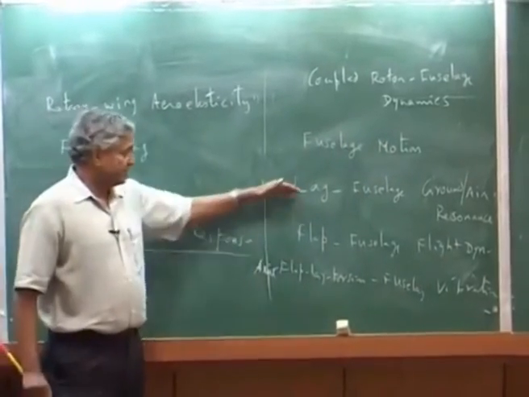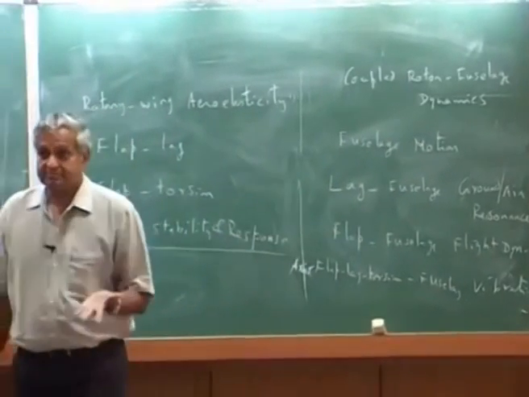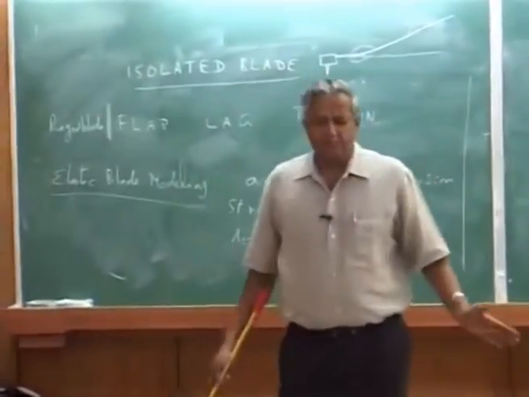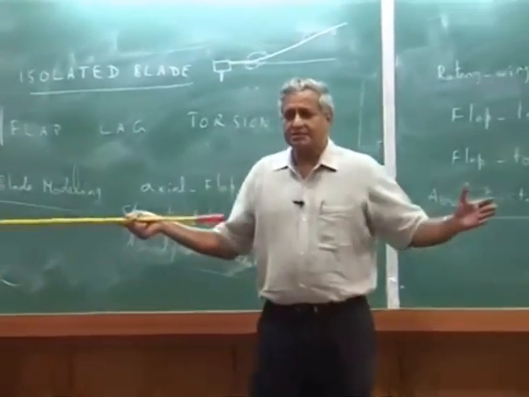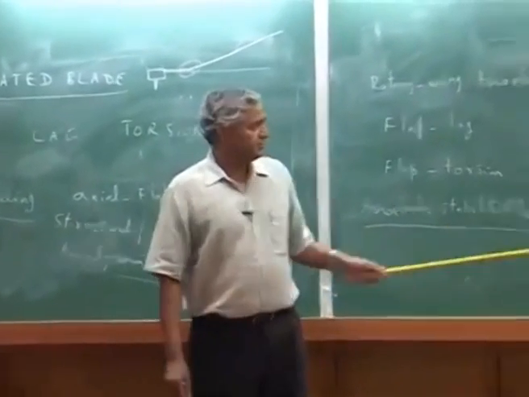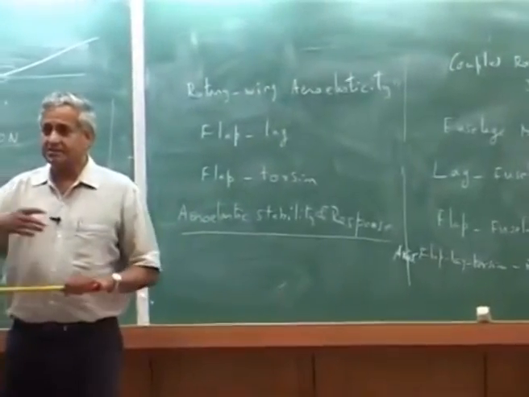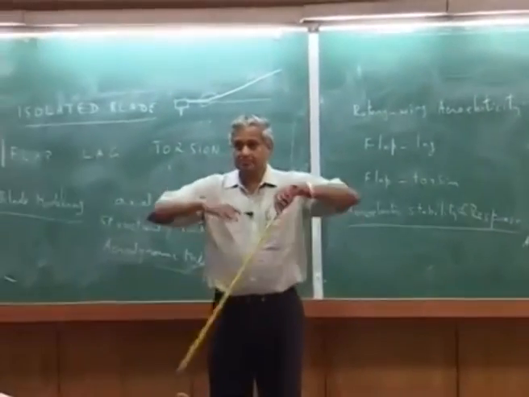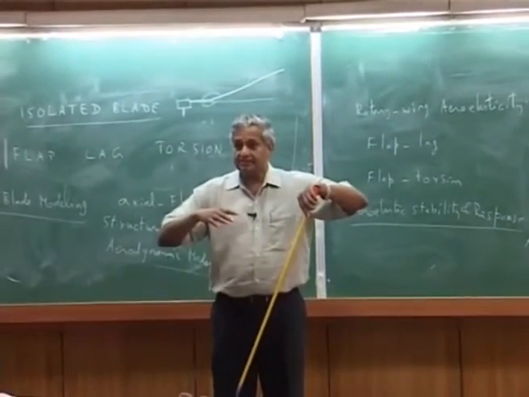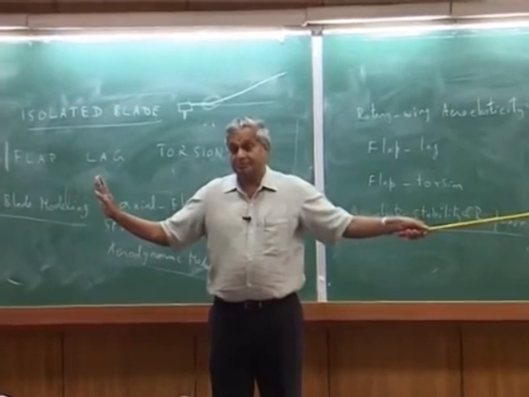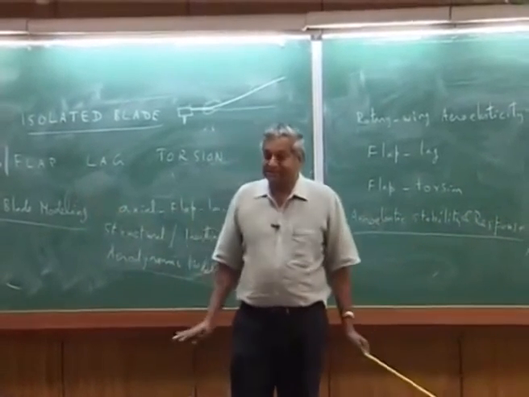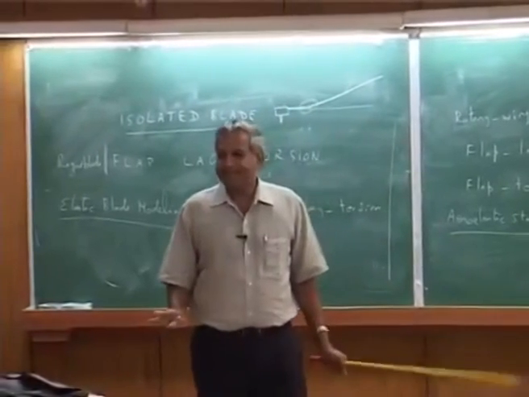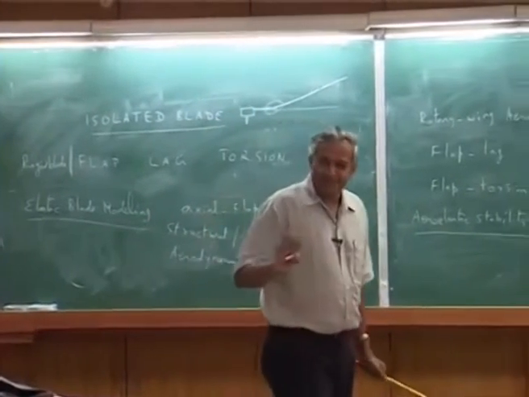Now you see there are different types of problems. If you want to, you can say the most sophisticated analysis is coupled flap, lag, torsion, axial, fuselage motion, and also elastic modes of the fuselage. That is the most, but it is not practical. Today it is not done.